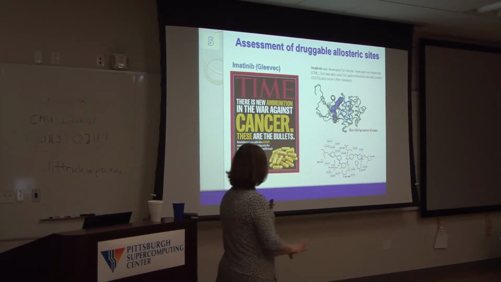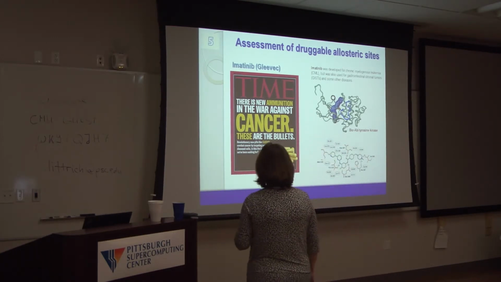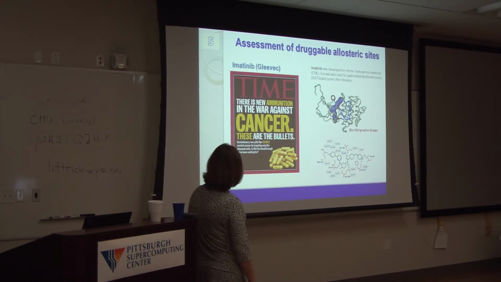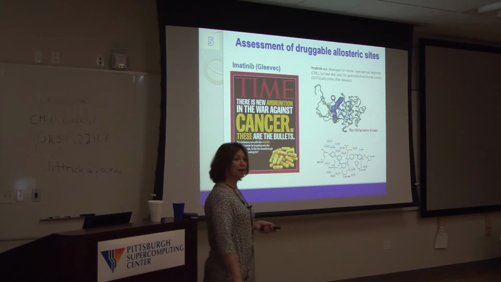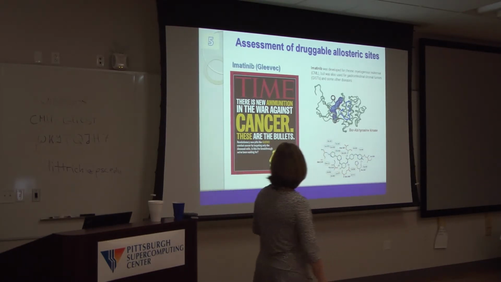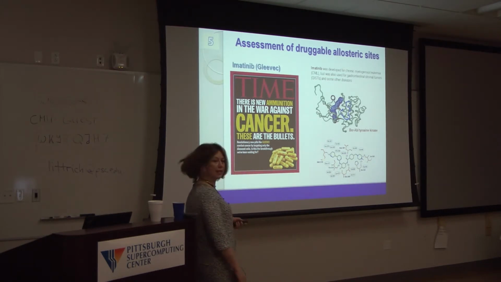Now I will finish my example, Gleevec, which some of you are familiar with. When it was first discovered, even Time magazine wrote that we won the war against cancer. These are the bullets.